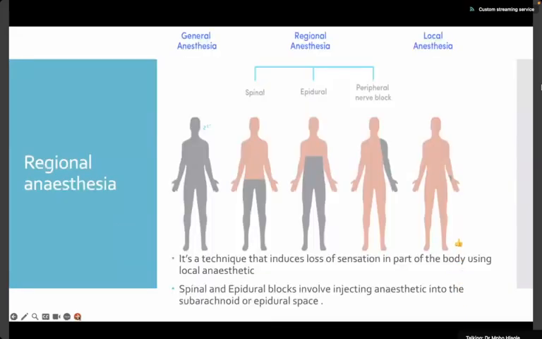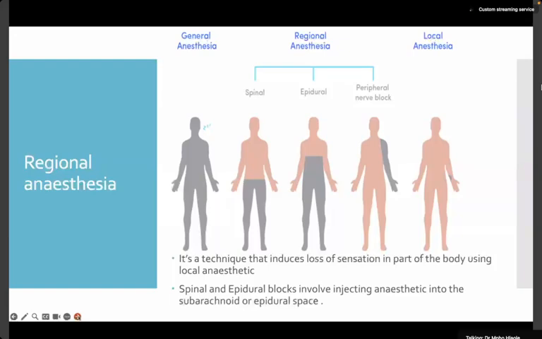So we are speaking about regional anesthesia, specifically spinal anesthesia and epidural anesthesia. In the previous presentation that I did, we spoke about different types of anesthesia, and I thought maybe I should go into a little bit more detail regarding spinal and epidural anesthesia. I'm not going to cover peripheral nerve blocks now.